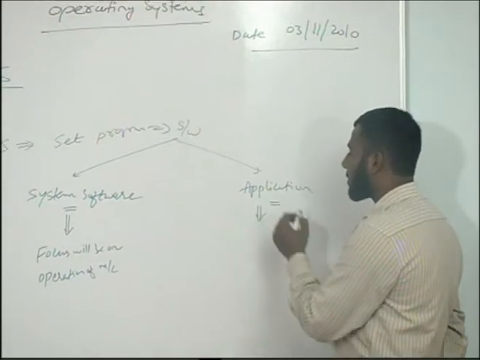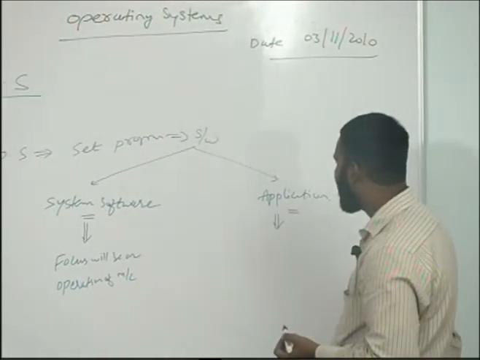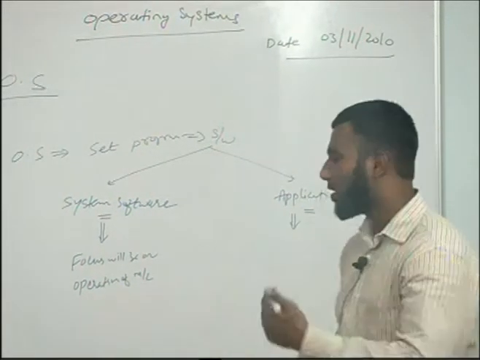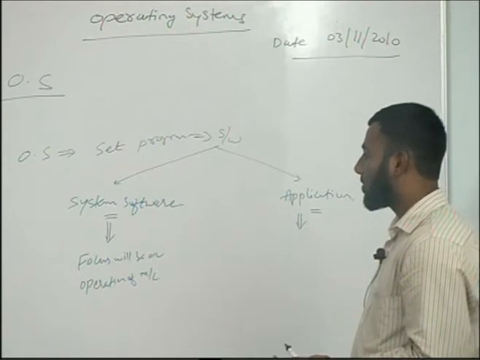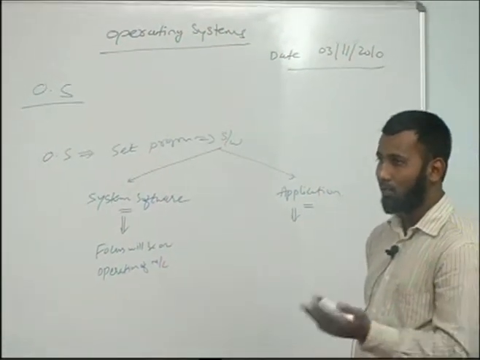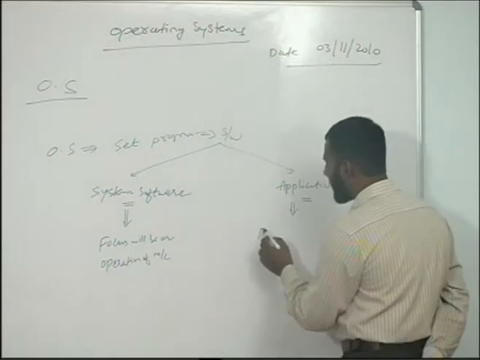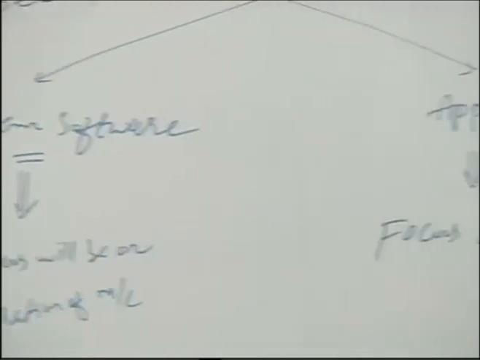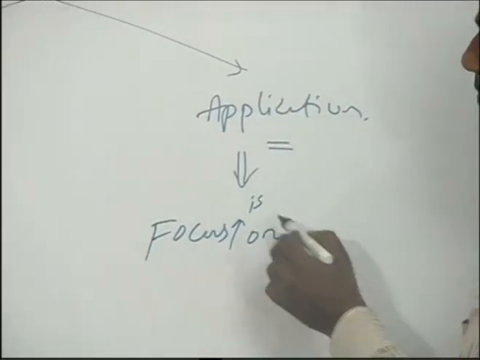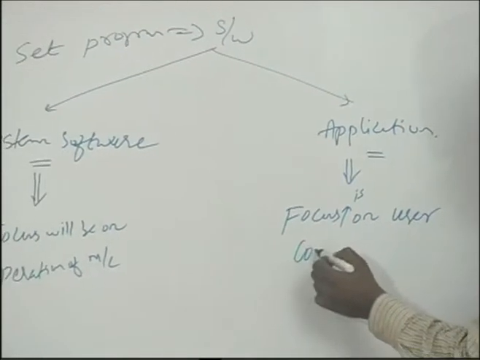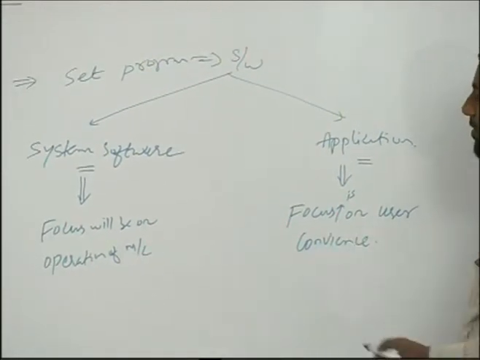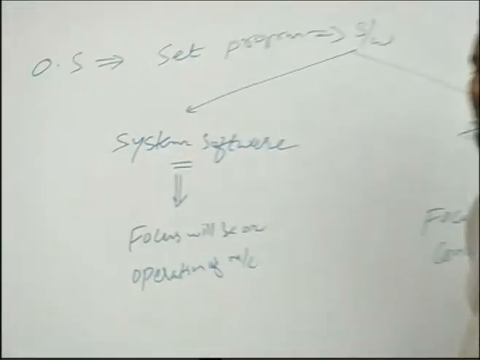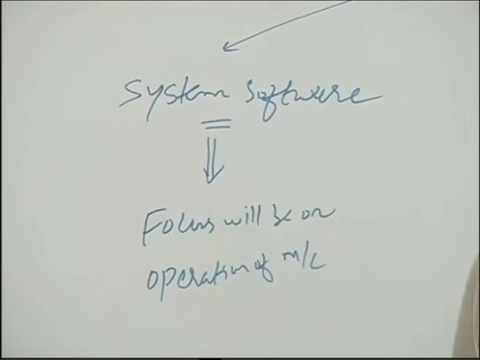Now what do you mean by application software? An application software is software whose focus will be on user convenience, rather than other secondary goals like operation of the machine or performance. In fact, there are many system softwares which focus on the operation and the development of a computer.